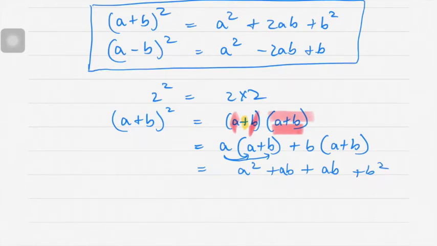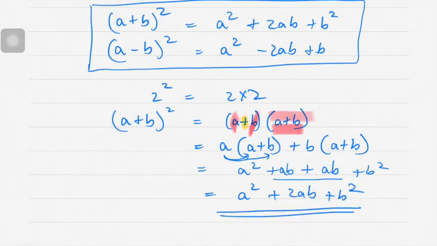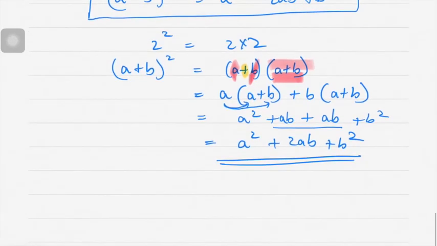Right. So 1ab plus 1ab is 2ab. So a square plus 2ab plus b square. This is how the formula has been derived. So a plus b the whole square is equal to a square plus 2ab plus b square. Got it?